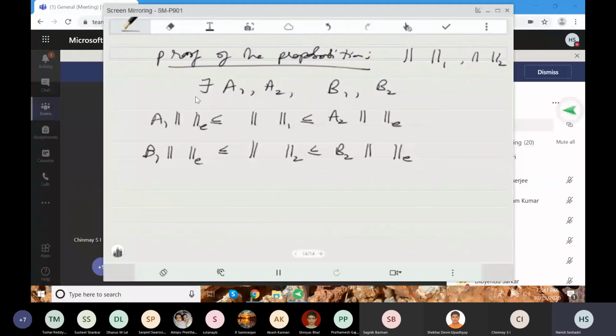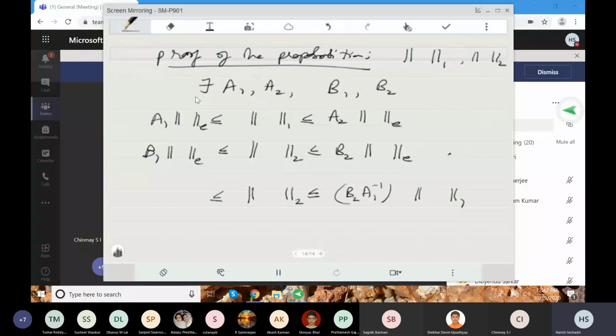It's a matter of eliminating the Euclidean norm and just writing an inequality in terms of norm 1 and norm 2. I leave it to you to do that, but it's quite easy. So for example, norm 2 will be less than or equal to B2 times the Euclidean norm, but the Euclidean norm is less than or equal to A1 inverse times norm 1. So just combine that: B2 A1 inverse times norm 1.